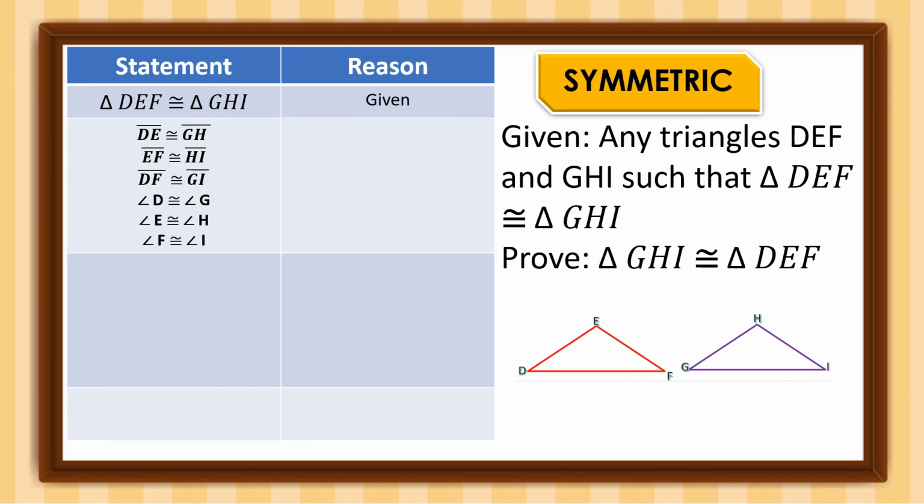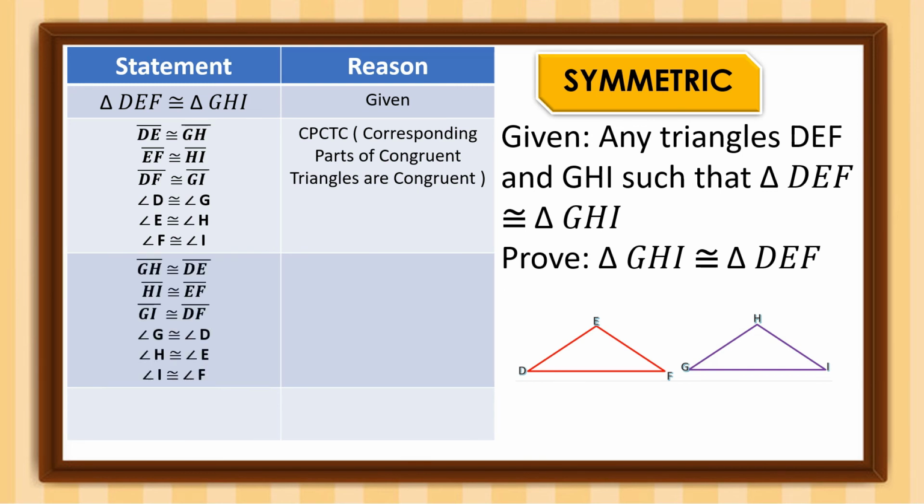And for the angles, we have angle D from the first triangle that is congruent to angle G from the second triangle. And angle E is congruent to angle H, and angle F is congruent to angle I. And its reason is the CPCTC. And what is CPCTC again? So CPCTC stands for corresponding parts of congruent triangles are congruent.